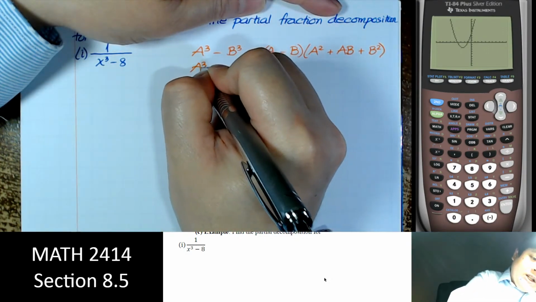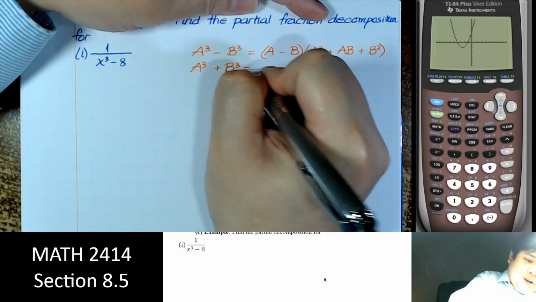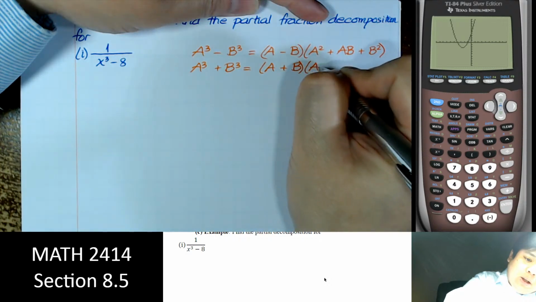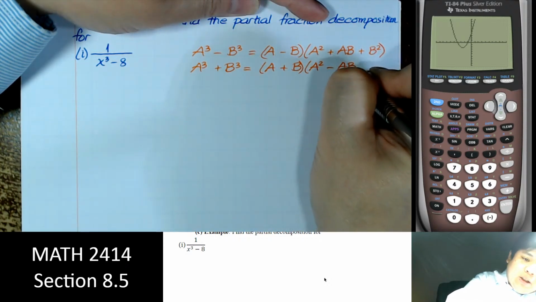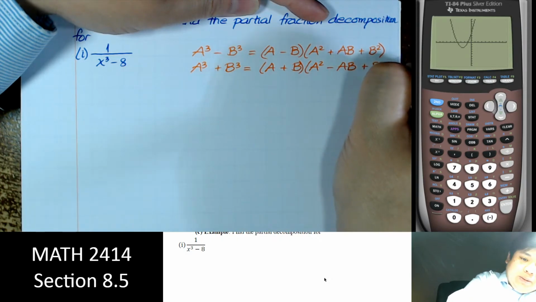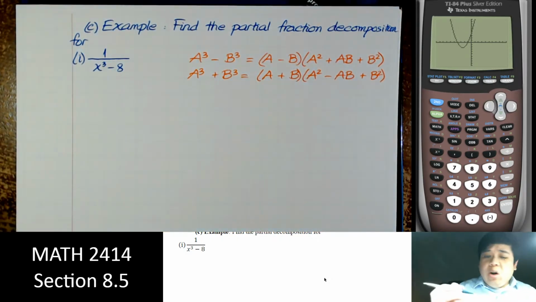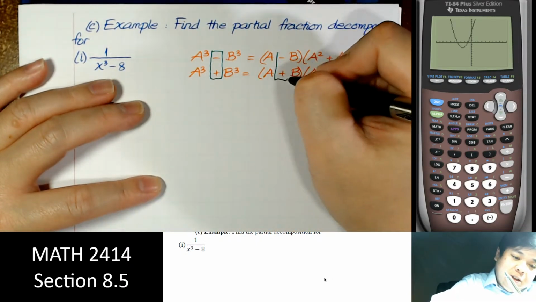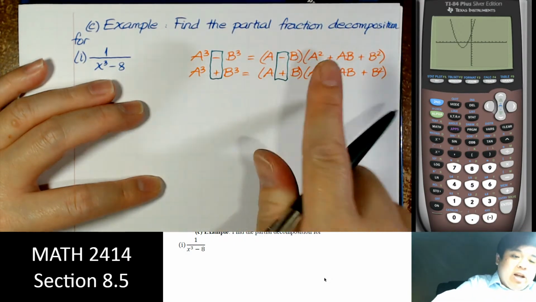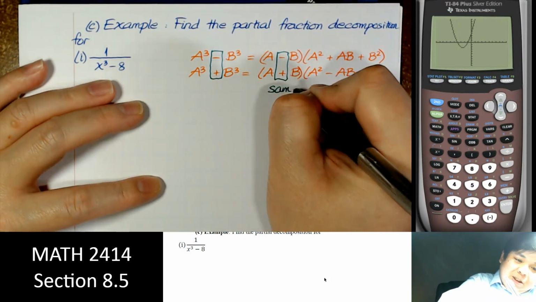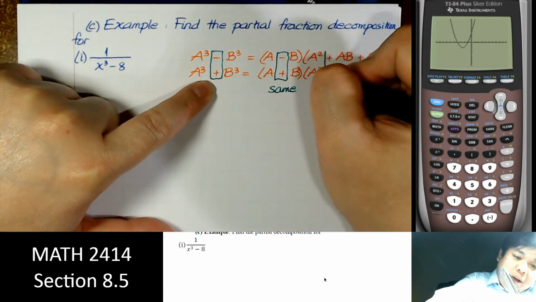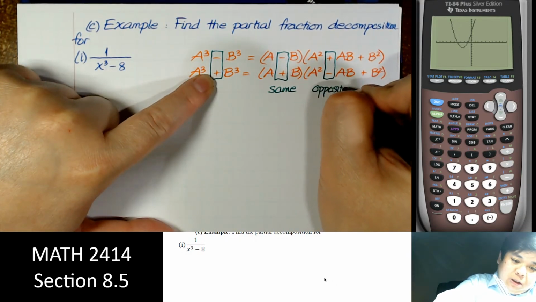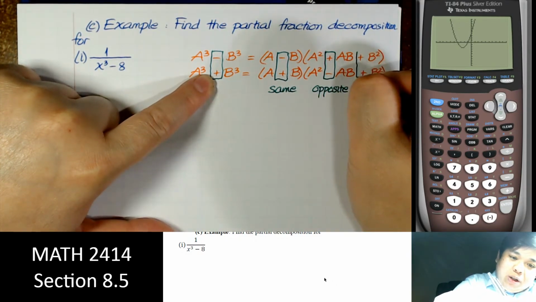If we have a sum of two cubes, it will be a plus b times a squared minus ab plus b squared. The way I memorize this is, the first sign will be the same as that, the second will be opposite, and then the next one is always positive.